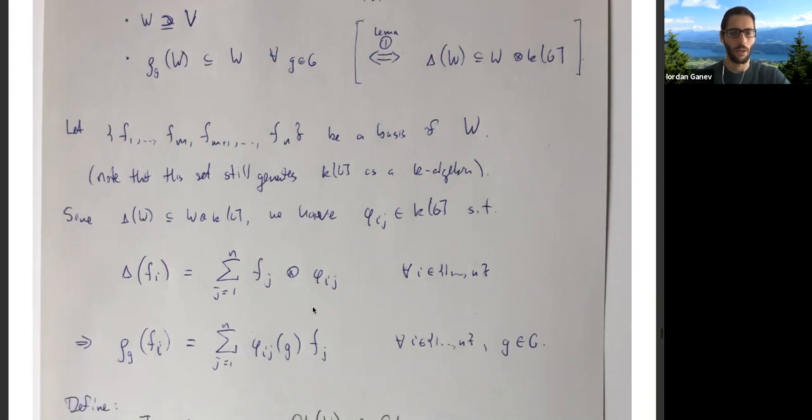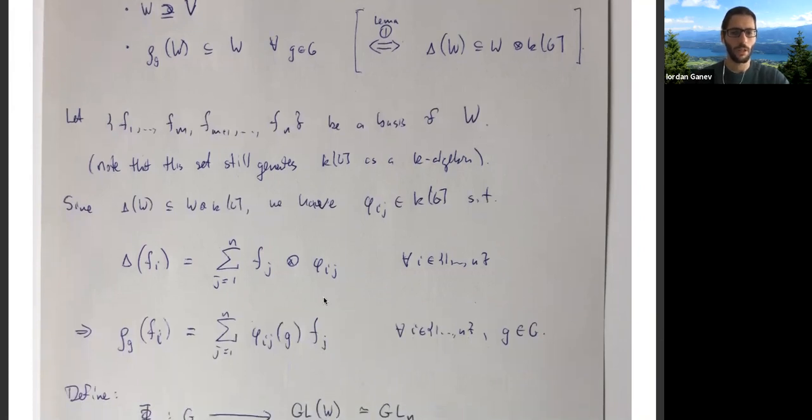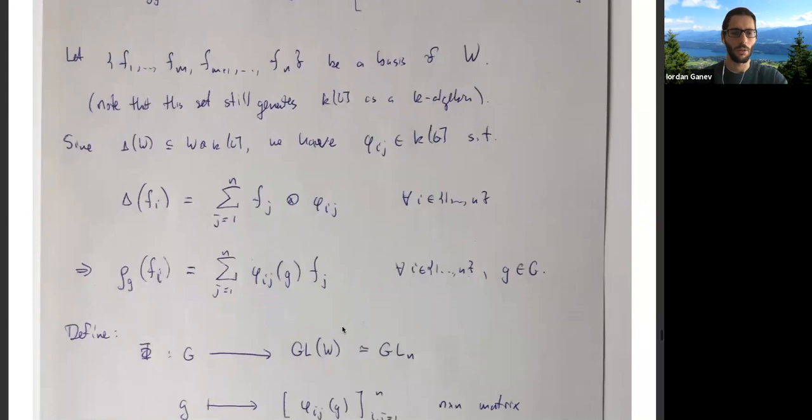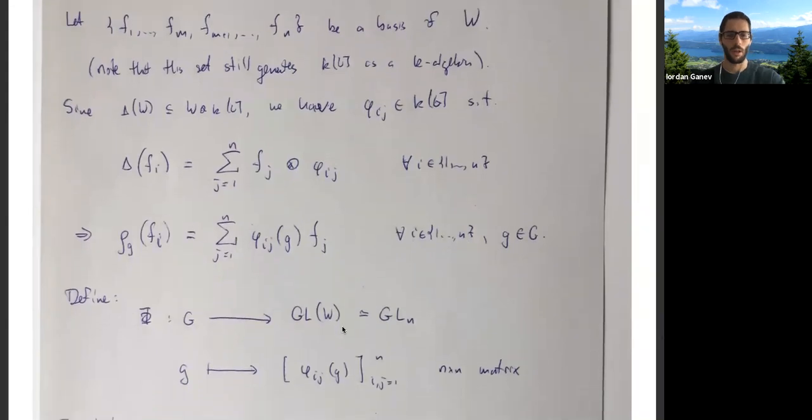Okay, so now we have these phi sub ij's. It's already a clue that they're indexed by two things, by i and j, and those two things run from 1 up to n. They're a clue to how we'll define this embedding homomorphism. So now we're ready to define this embedding.